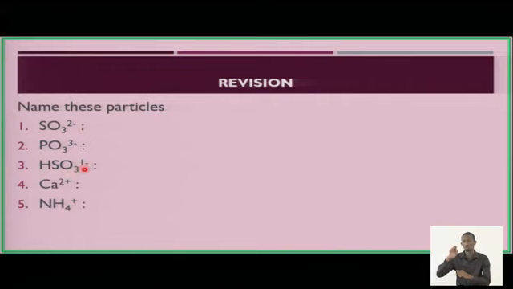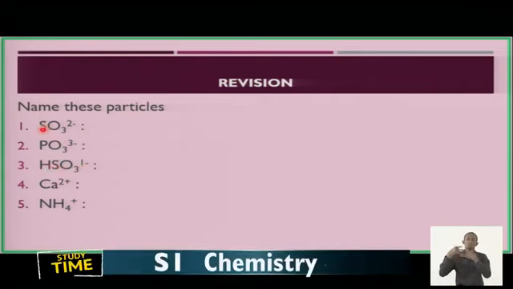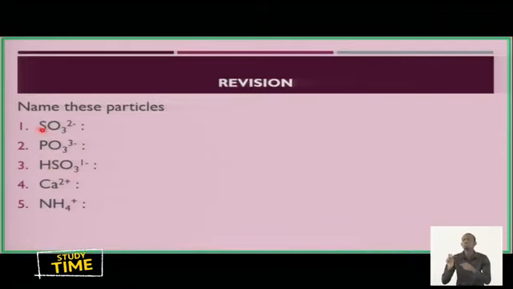And the next particle is HSO3 1-. You can see this particle is derived from the first one. Here we have added a hydrogen atom and the charge has increased by 1, from 2- to 1-. And what will be the name?